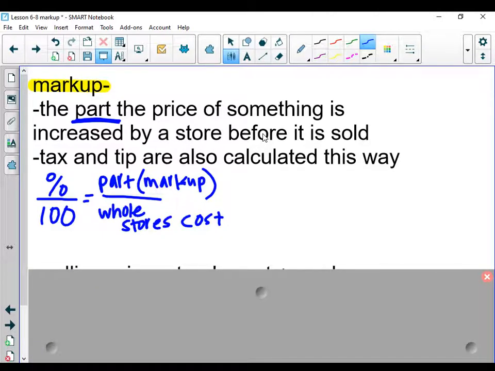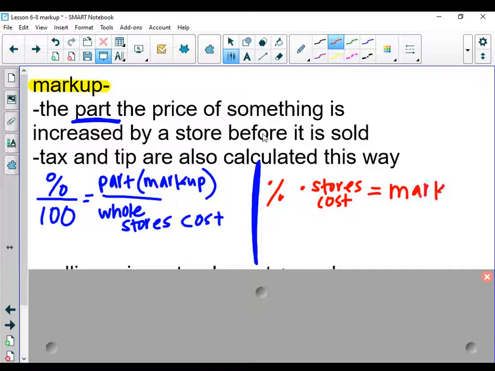Or if you prefer an equation, the percent times the store's cost is the markup.